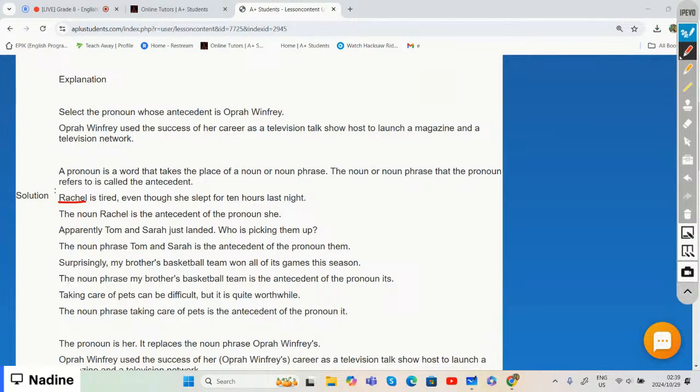And the pronoun that refers to Rachel is she. Which means that the noun or the noun phrase that the pronoun refers to, we call that the antecedent.